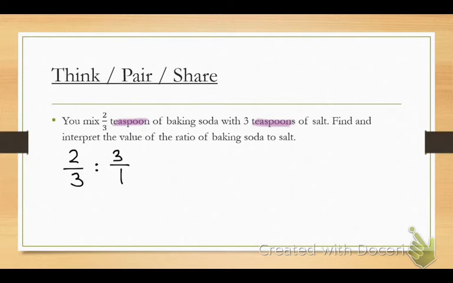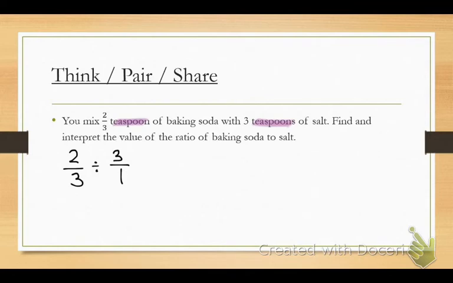Now, if I want to find the value, what did I say I need to do to find the value of a ratio? Someone raise your hand. How am I going to find the value of this ratio, Jack? Divide what? Yeah, the first one by the second one. So instead of a colon, I'm just going to divide. 2/3 divided by 3/1.